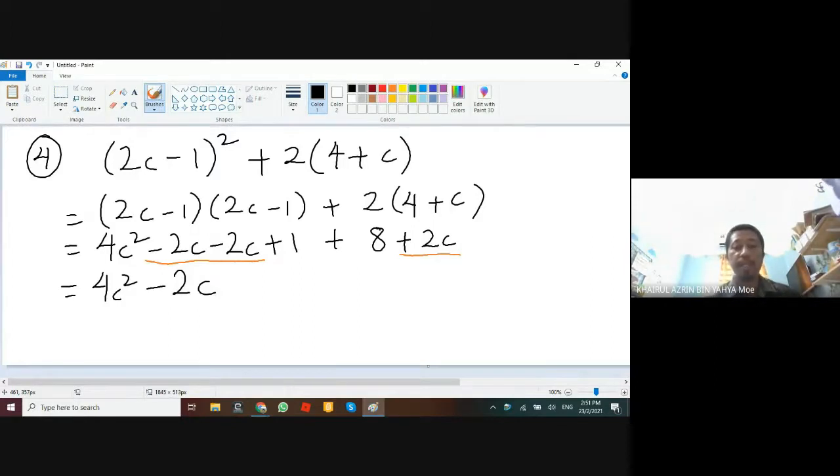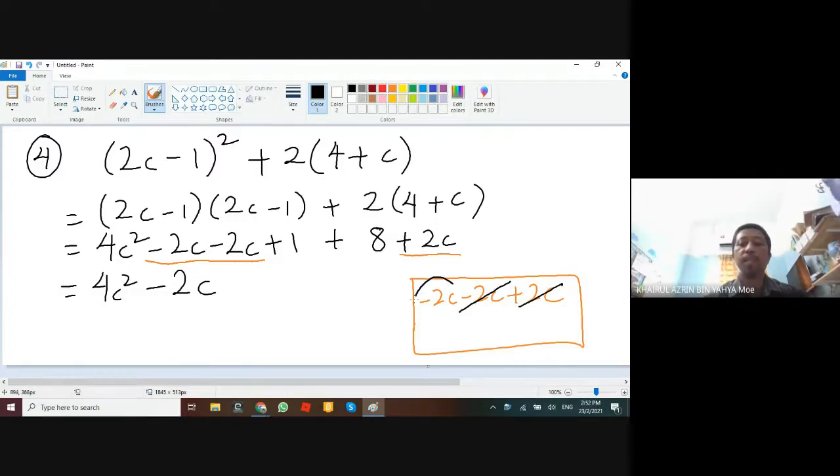If I write it here, negative 2c minus 2c plus 2c. Actually, negative 2c and plus 2c equal to 0. So the answer should be negative 2c.